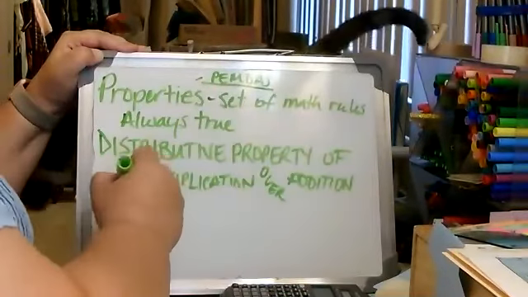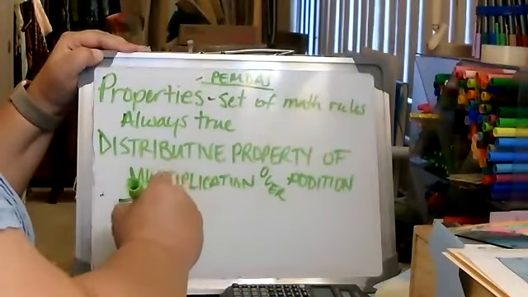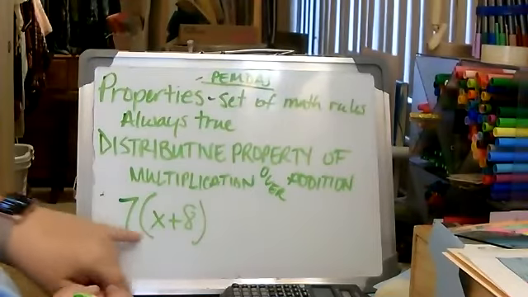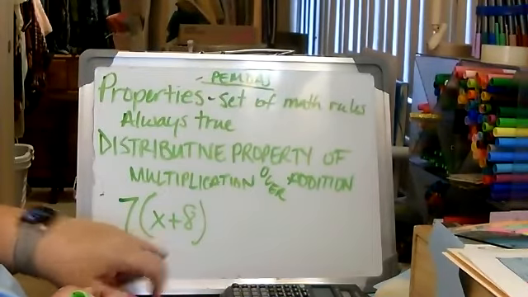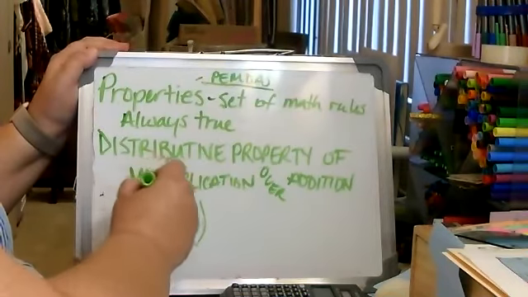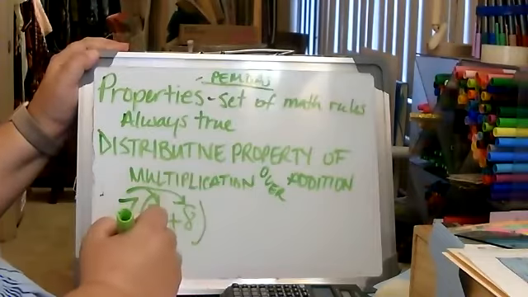So you have 7 times x plus 8. Now we can't solve that because this is unknown. But what we can do is simplify it by making 7 times x and then adding it to 7 times 8.